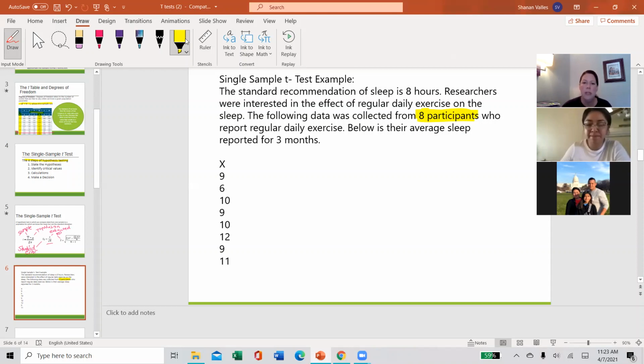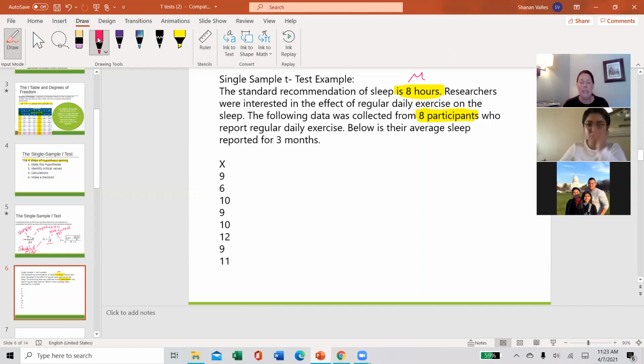So the recommendation of sleep is 8 hours. This is a big one right here because this is what we're going to use as our population mean. The way you know that population mean is given to you is it's going to be some sort of grand statement.